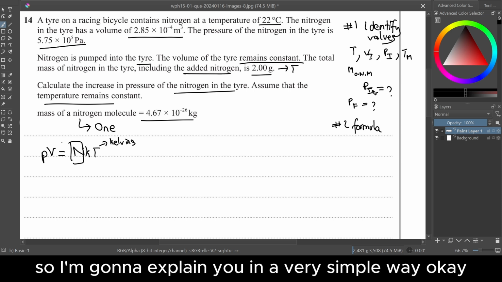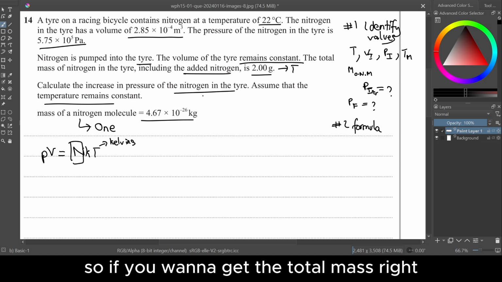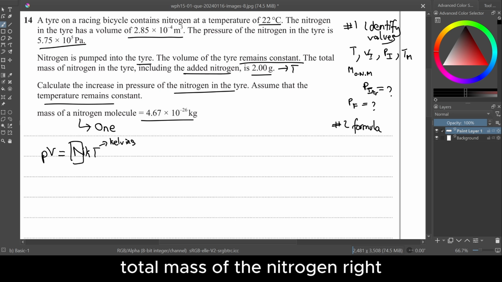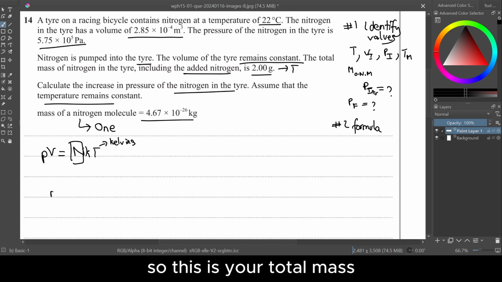I'm going to explain it in a very simple way. If you want to get the total mass of the nitrogen, so this is your total mass.